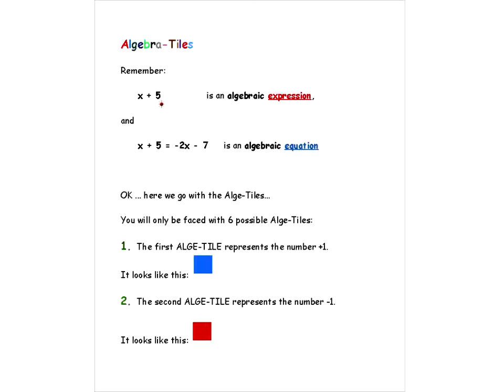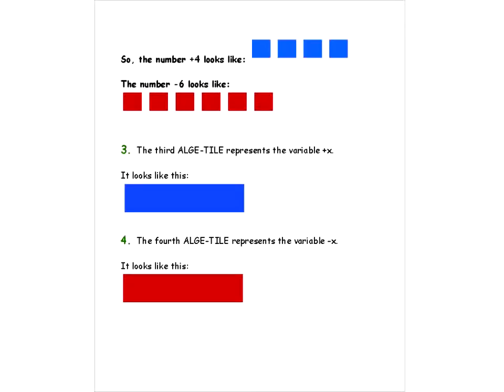Okay, so just to review then, we're using colors here, blue and red. Sometimes they might use shaded or unshaded squares. So this is going to be +1, this is going to be -1. And this is going to be +4, this is -6. And again, I'm just whipping by this stuff pretty quick.